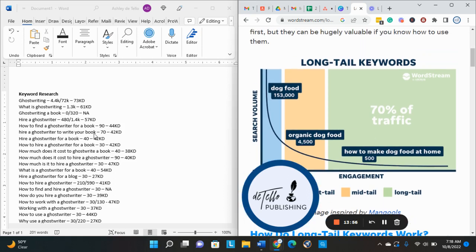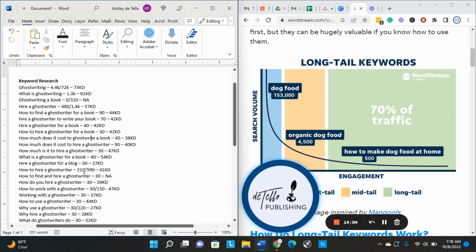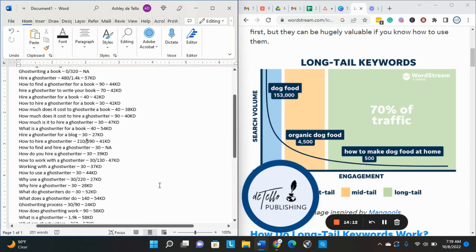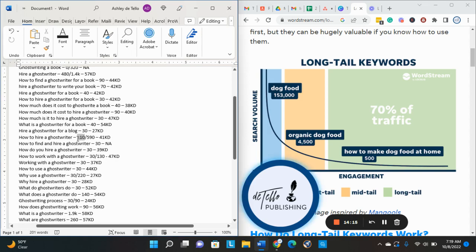And so here I've got 40 searches a month, or 1.3 thousand, or 210. Those might seem a little counterintuitive, but if I only need to have 2 or 3 clients a month as a ghostwriter, then 210 people coming to my website a month is actually pretty good.